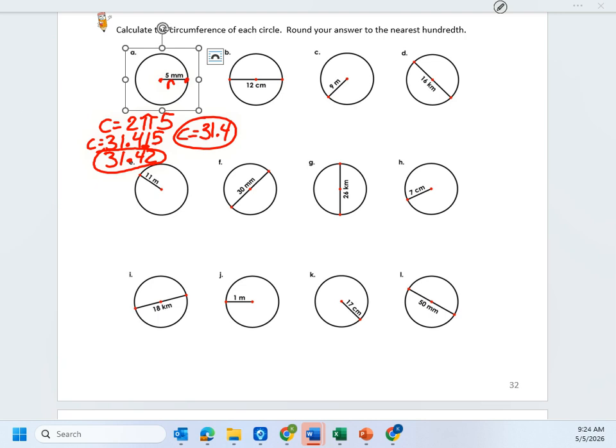All right, let's try B. Which formula am I going to use, Joy? Pi times the diameter, because we're given a diameter here. It goes straight from side to side. It goes all the way through. So, our circumference equals pi times 12.